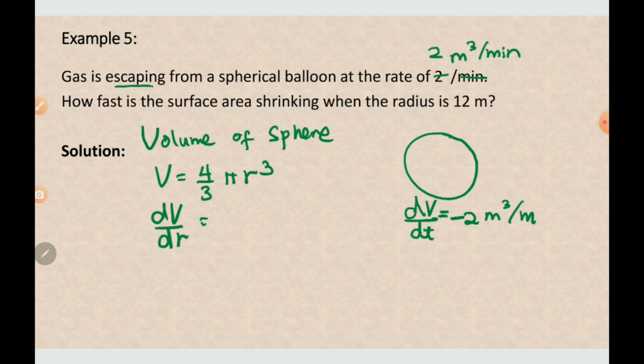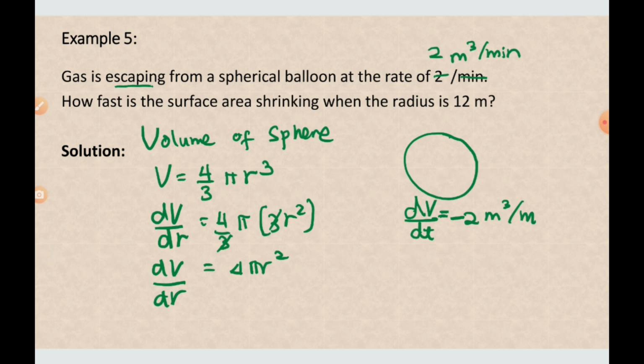That is equal to 4/3 pi times 3r squared. Then we can cancel out 3 and the answer is 4 pi r squared. This is dV/dr.